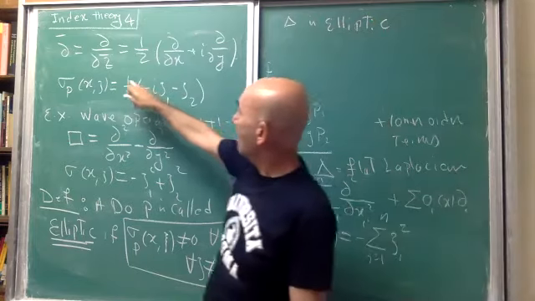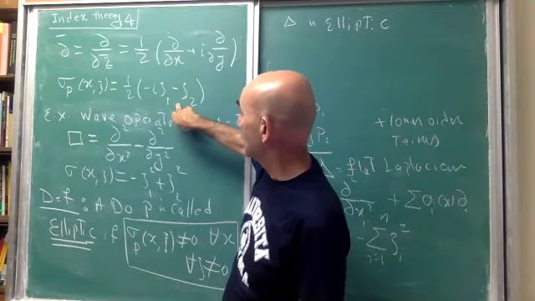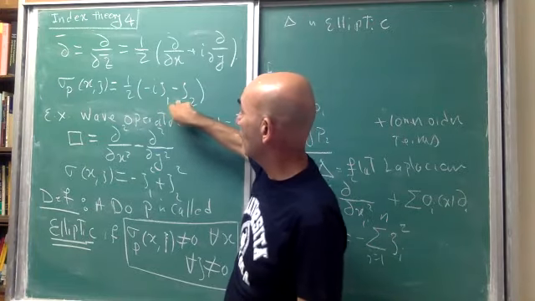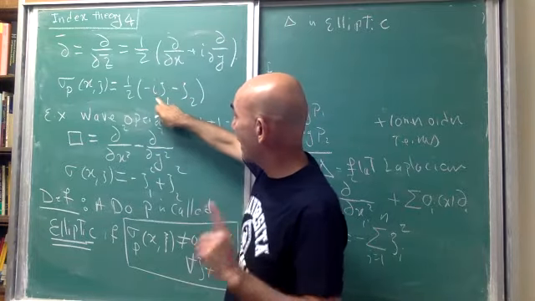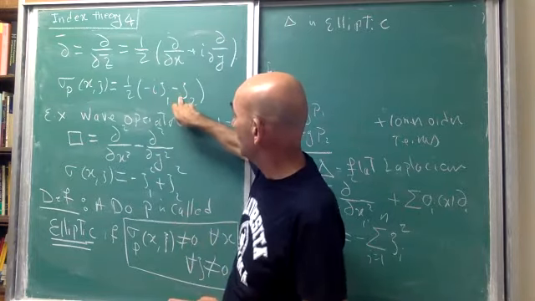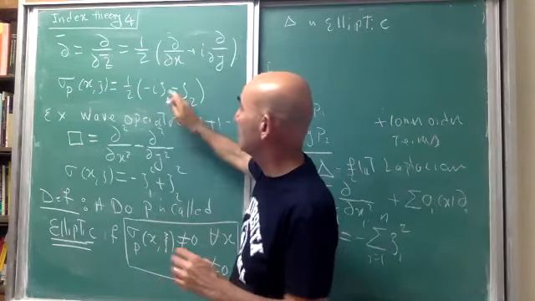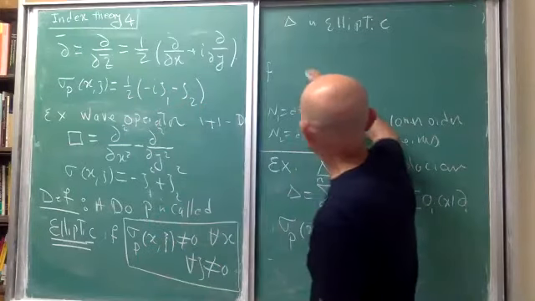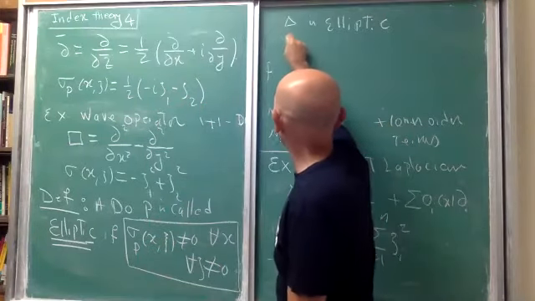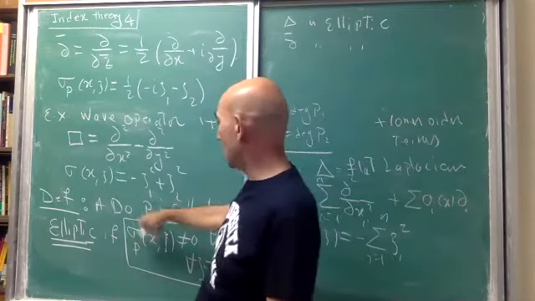The Delbar operator is also elliptic. If ξ is different from 0, then at least one of these 2 things is non-zero. It's very, very important: i is a complex number, it does not mix with this real number. So as soon as one of them is non-zero, it's not ξ1 plus ξ2, it's iξ1 plus ξ2. Okay. So this Delbar is elliptic, but this wave operator is not elliptic.